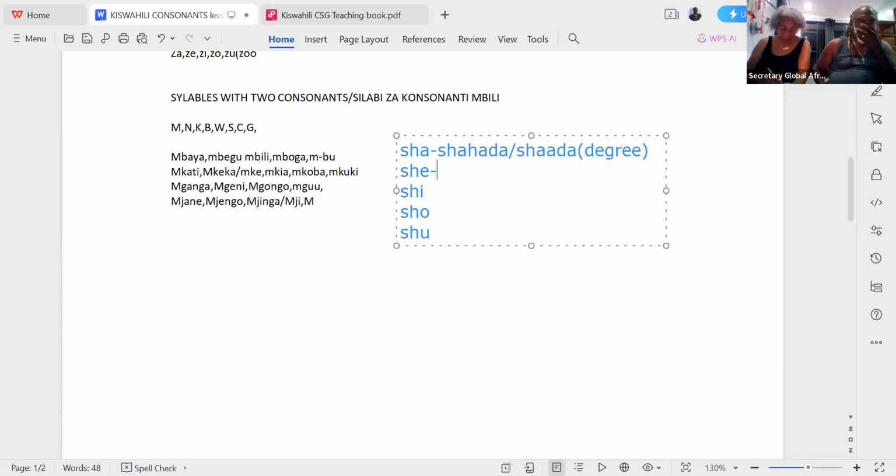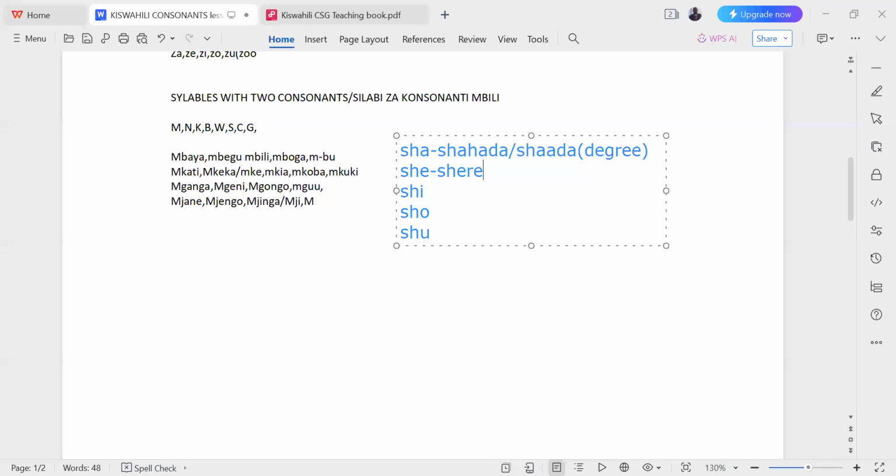Then there's she, which is in sherehe. That's most of the time the common word where we use the she. Sherehe means a party or a celebration. You can call it a party or celebration. It's called sherehe.